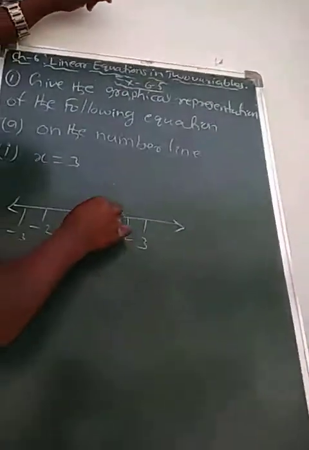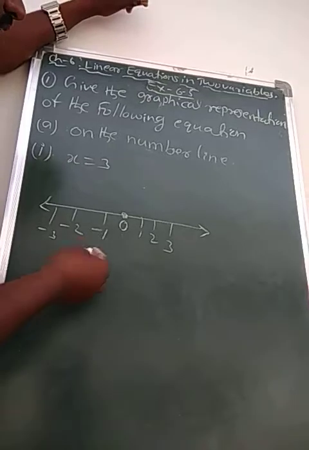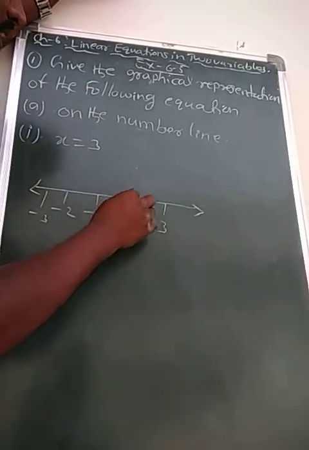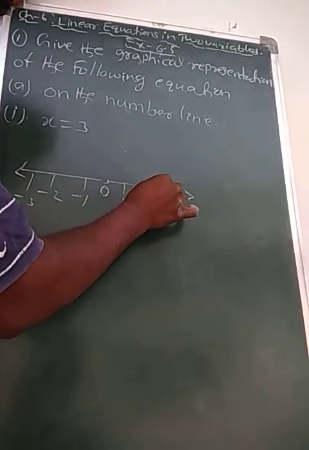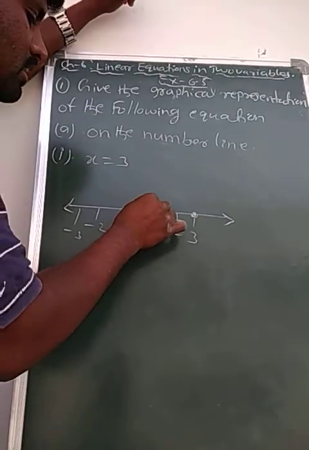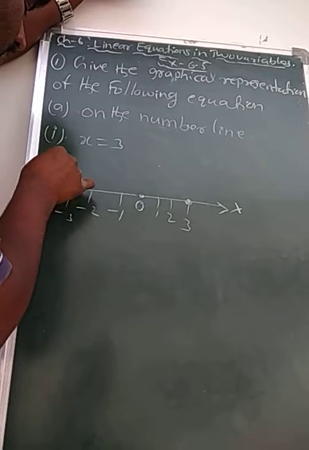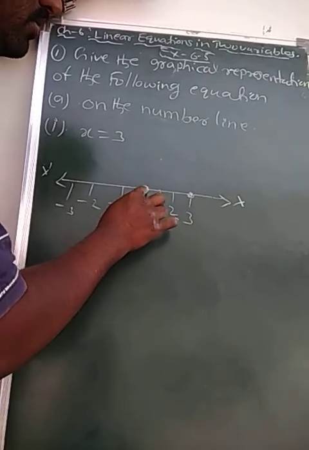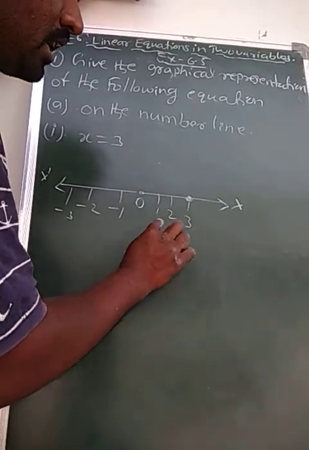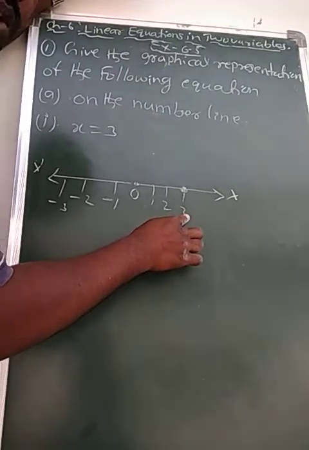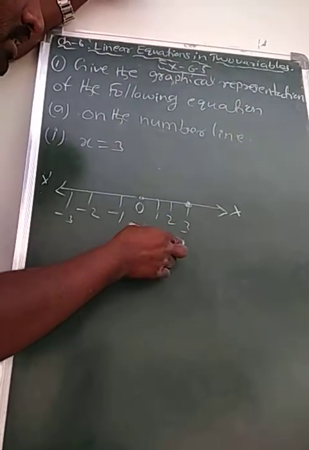So this is how we can represent 3 here, from the origin, 0, to the right side on the number line. How many steps? 3 steps. Okay, so like this we can represent.